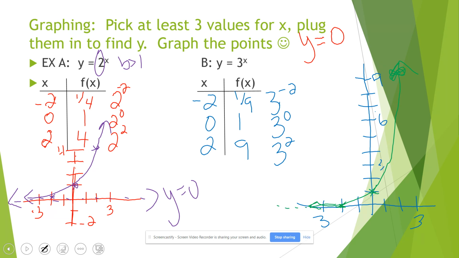And there's our graph. It's again exponential growth because our base is greater than 1. And our asymptote at y equals 0.